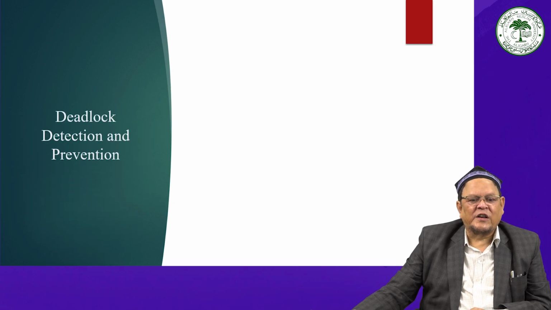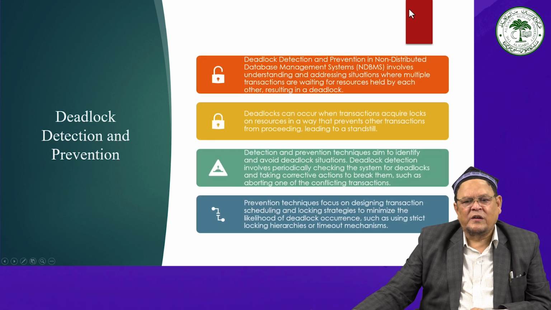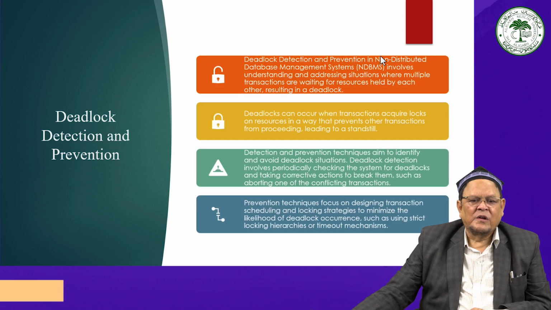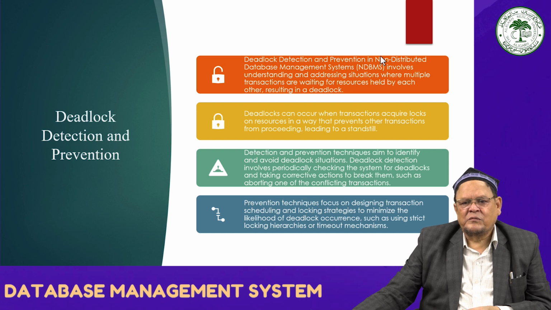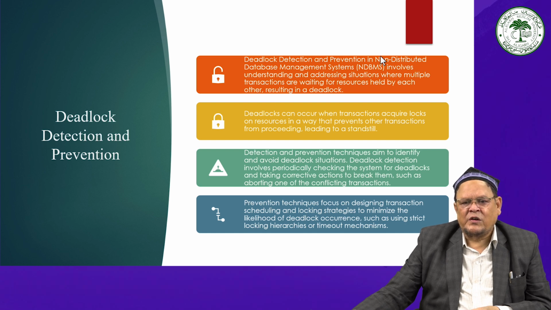Then deadlock detection and prevention is also very important. It is a very important topic at the time of designing a database. Deadlock detection and prevention in a distributed database management system involves understanding and addressing situations where multiple transactions are waiting for resources held by each other, resulting in a deadlock.